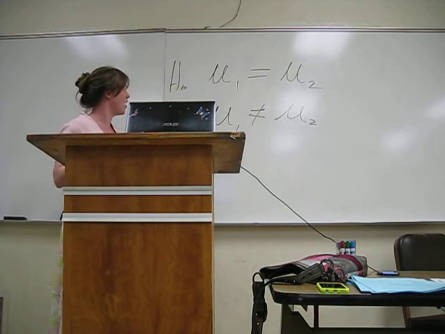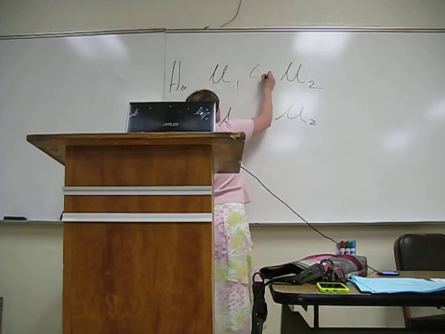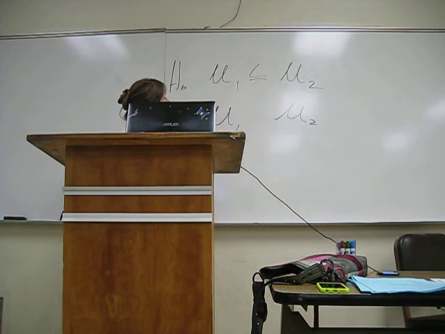But now let's say I tell you that this is my null hypothesis. What will be the collectively exhaustive, mutually exclusive opposite? Greater. This is what's called a directional hypothesis.